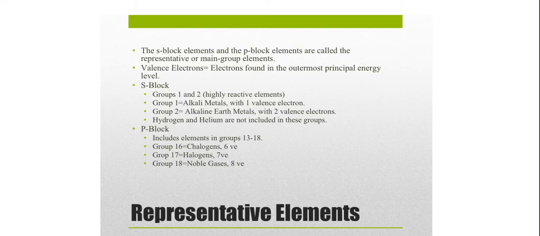So groups 13 through 18 make up the P block, and you should already recall the P block. The P block includes special groups known as the chalcogens, halogens, and noble gases. Group 16 contains elements that start with oxygen and on down. Group 17, known as the halogens, start with fluorine on down, and the noble gases start with neon on down.